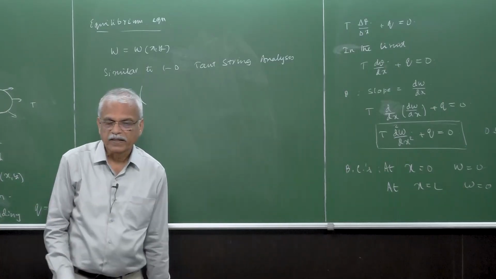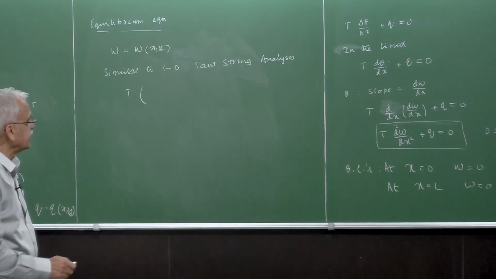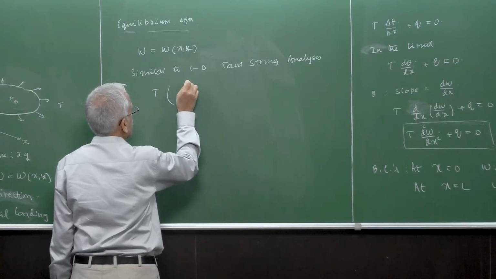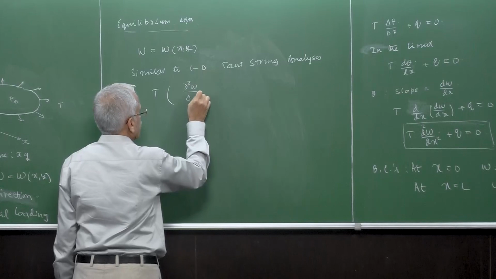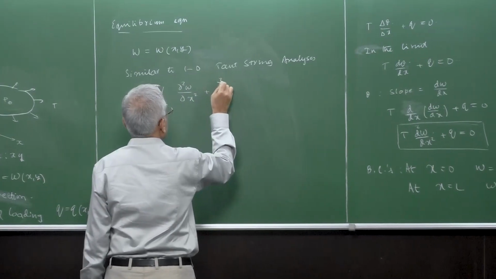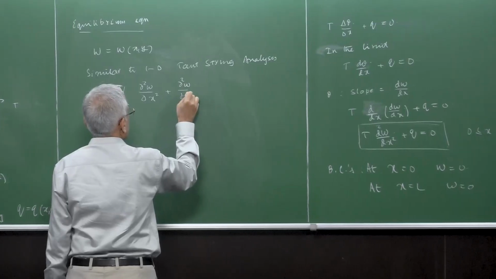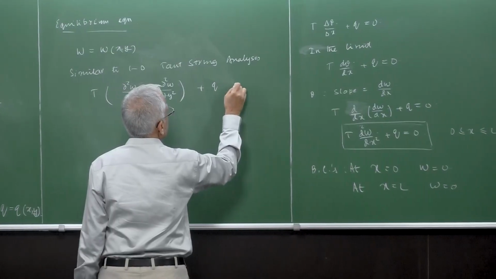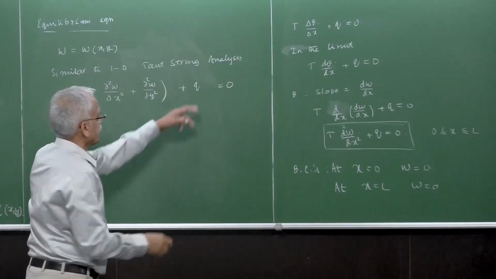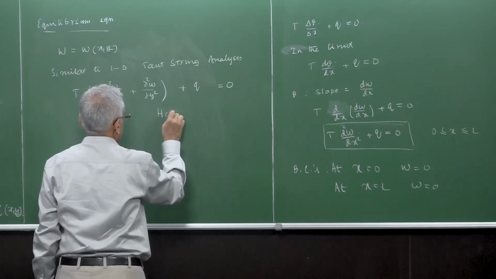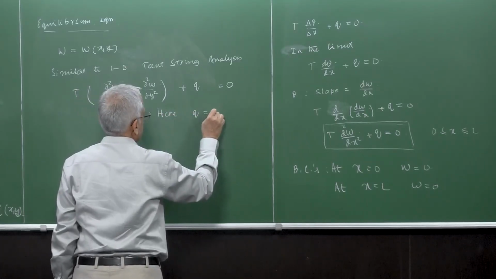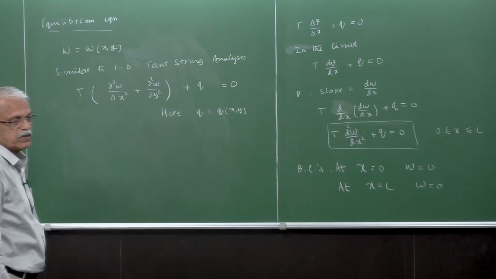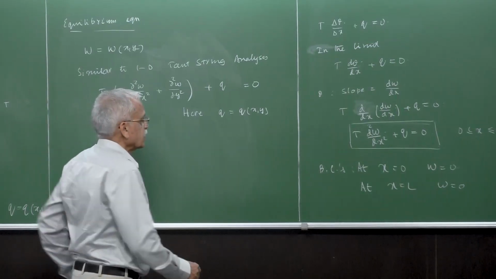Now W being a function of two variables, we don't write d, we write the partial differential dou. So we'll write dou square W by dou x square plus dou square W by dou y square. And now the other term q will remain as such, except that q is a function of variables x and y. Similarly W is also a function of x, y. So you can see that here.